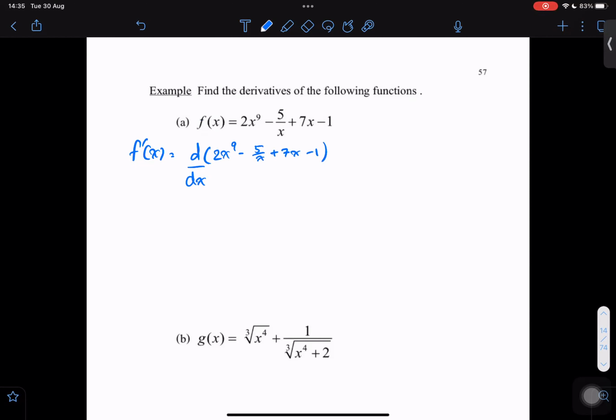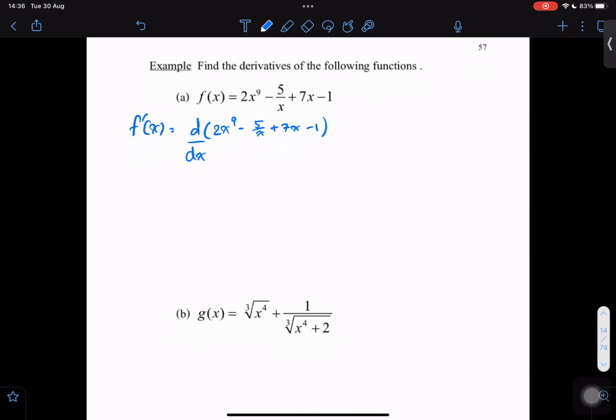If you can do it by yourself, you can just go ahead, and if you have questions, you can ask. But I will do it step by step first, and after that I will do it faster. So it is plus and minus, addition and subtraction, so you can separate d/dx to each of them.